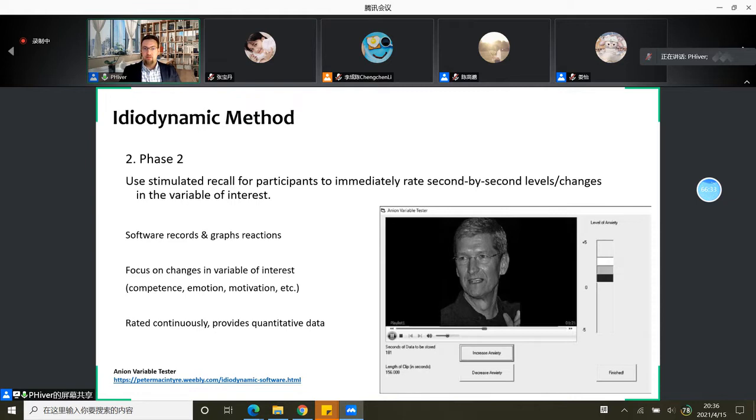As in the example I'm going to show, these ratings can be done several times using the same data but with different variables, and we can incorporate self-ratings, interlocutor ratings, or expert ratings.